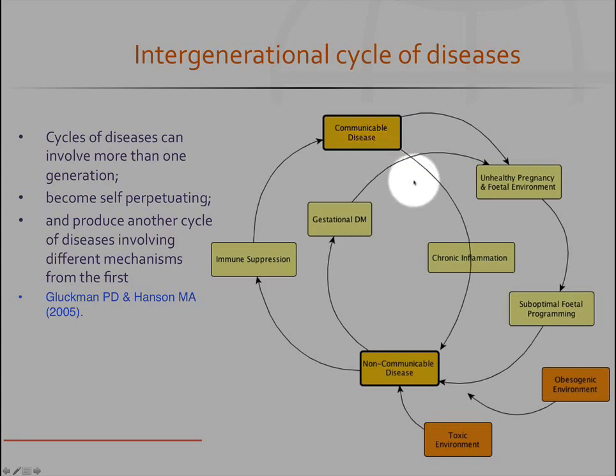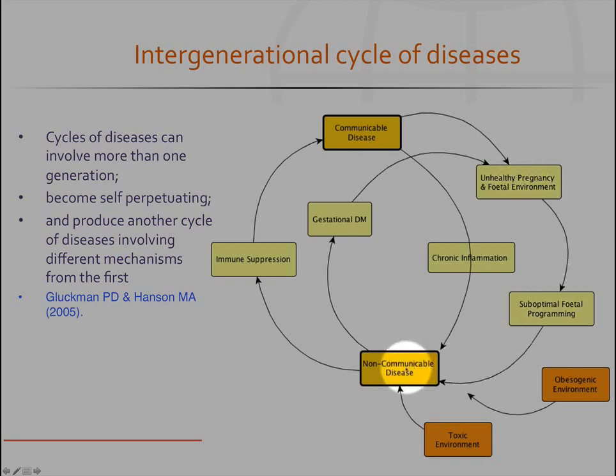But then we have also the other cycle, an unhealthy pregnancy, fetal environment problems leading to suboptimal fetal programming, leading to NCDs later in life, which then puts the young mother at higher risk of gestational diabetes, which then in turn causes the same similar effects on the pregnancy and then on the offspring.